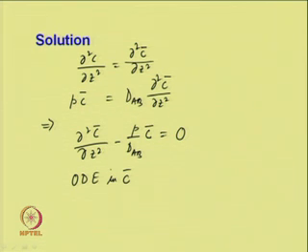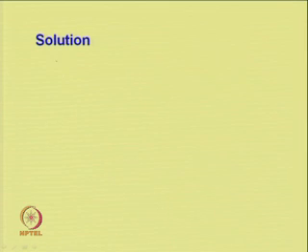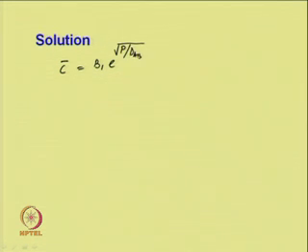And the solution of this equation is C bar will be equal to B_1 e to the power root over p by D_AB z plus B_2 e to the power minus root over p by D_AB z.